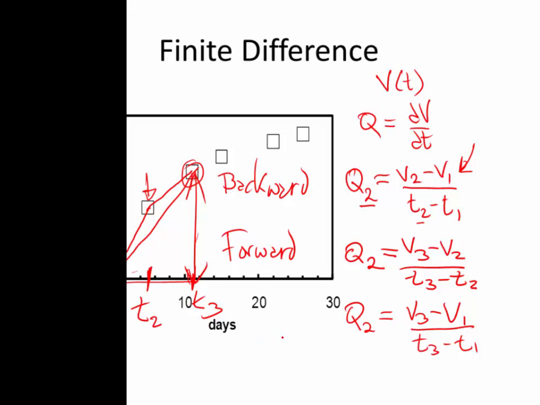And this last one uses the points on either side, and if these are equally spaced, and this point here, T2, is right in the middle, then this would be a centered finite difference. Okay, so those are 3 methods that I think just make sense intuitively based on an intuitive evaluation of these data.